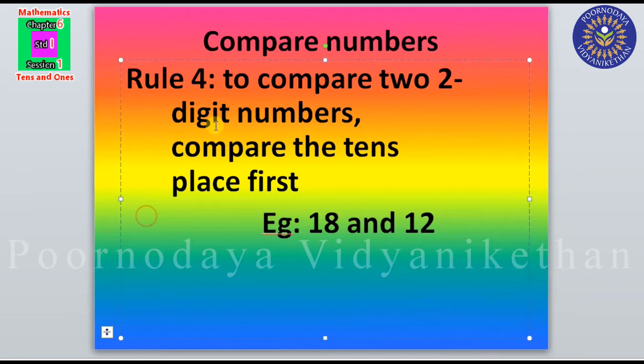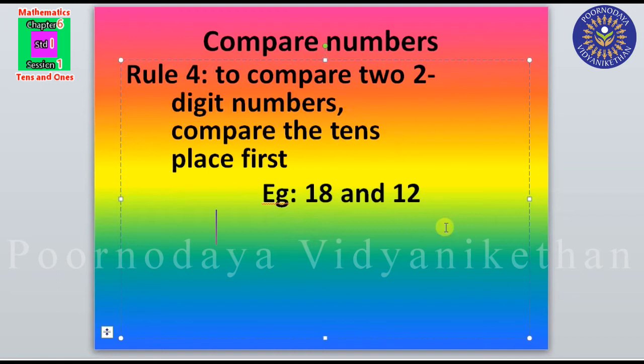Clear? Next, rule 4. To compare two 2-digit numbers, compare the tens place first. Here we have to compare 18 and 12. How can we compare 18 and 12? First you have to compare the tens place of these two numbers.